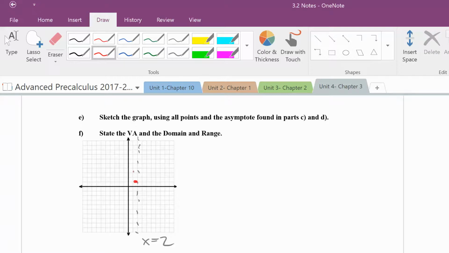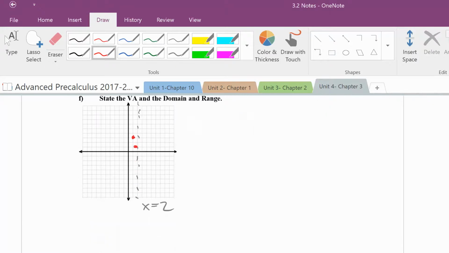Then we have 1 and 3. And then we have negative 2 and 5. And so our graph goes like that. Our domain is all the numbers less than 2, and our range is all real numbers.